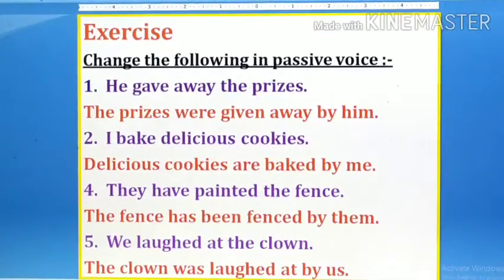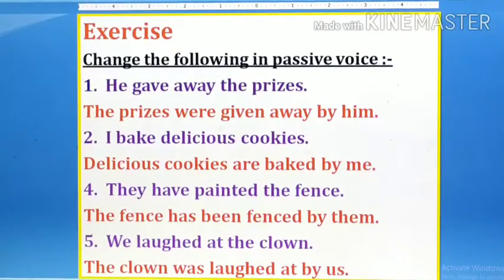So see how many changes we have done. Object becomes subject, gave changes into were given. Were is the auxiliary and given is the V3 form of gave. Now away, by is added and he becomes him. Okay, see how I have changed, he becomes him.